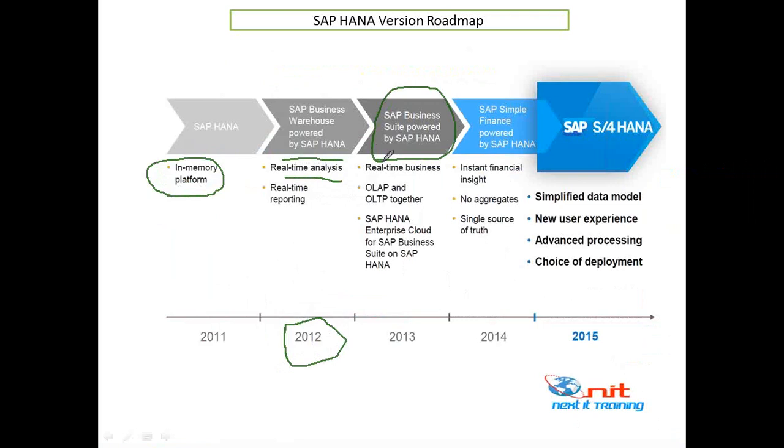This got a lot of appreciation when they started the cloud business. As we discussed before, everyone was worried about the cost because it's very costly and they were not sure how successful it would be. So when SAP started the enterprise cloud, the real sales of SAP HANA started.